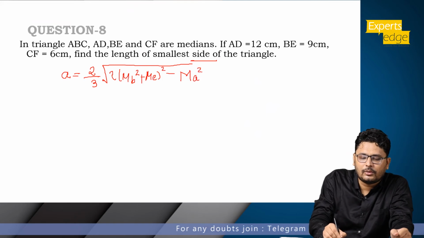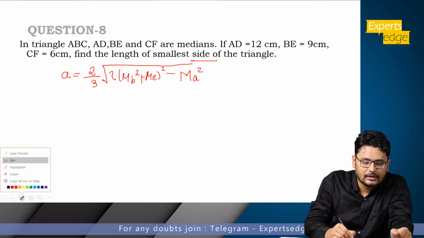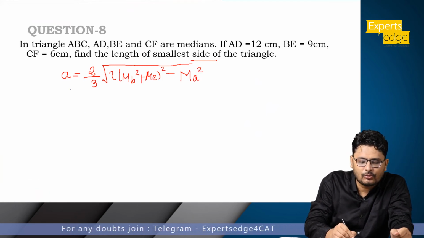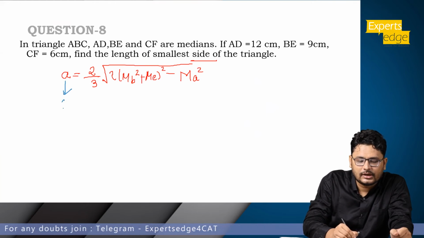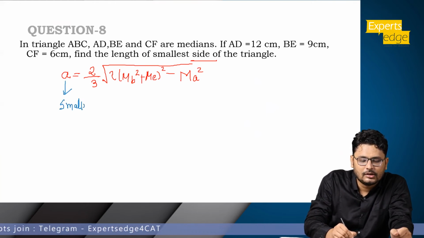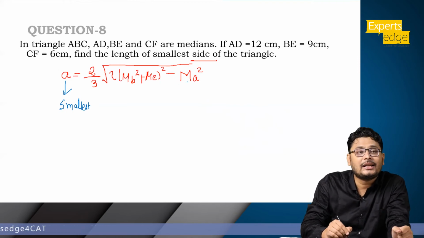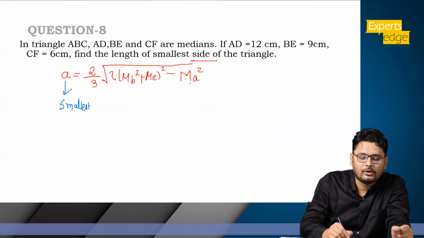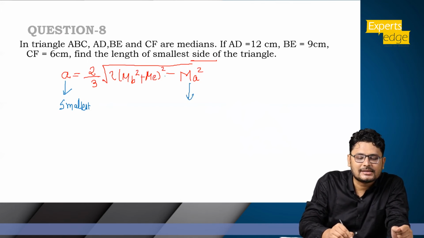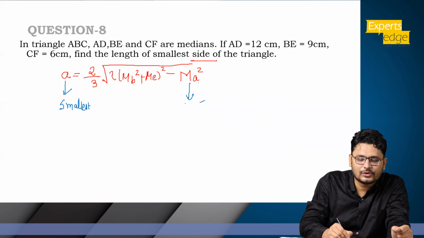Okay, now I want A and here A needs to be the smallest. So if I want A to be smallest, for this median A, which will I take, 12, 9 or 6? Because I want A to be smallest, I want the maximum to be deducted, right? So this median should be the maximum, and which is the maximum I have?